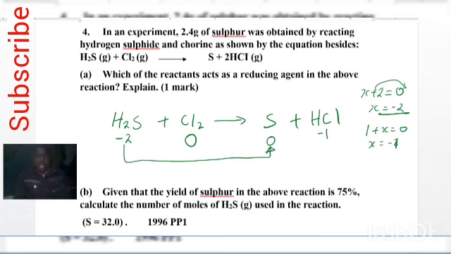That's an increase, so that means this is oxidation. Then chlorine, we can see the oxidation number moved from 0 to -1. Is that an increase or a decrease? That one is a decrease. So this is a reduction.